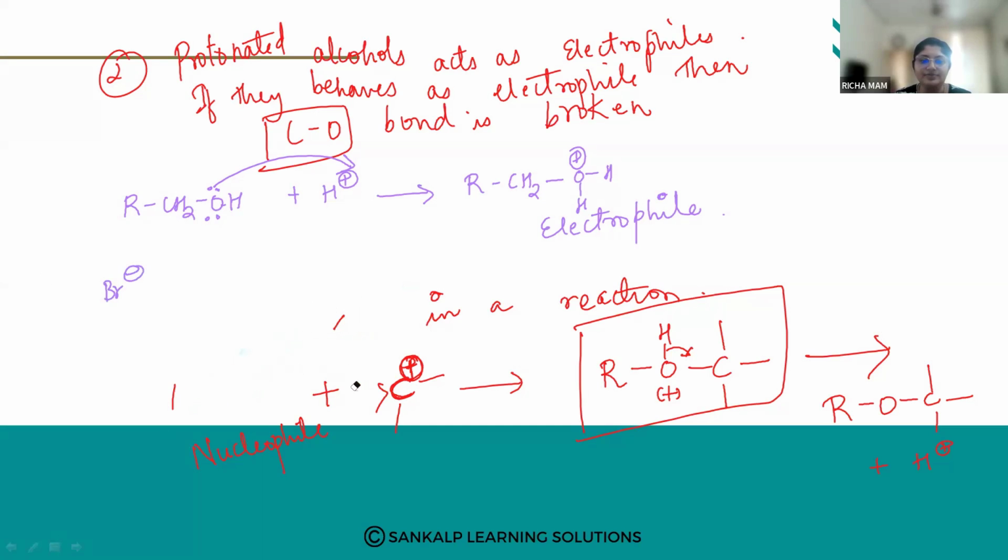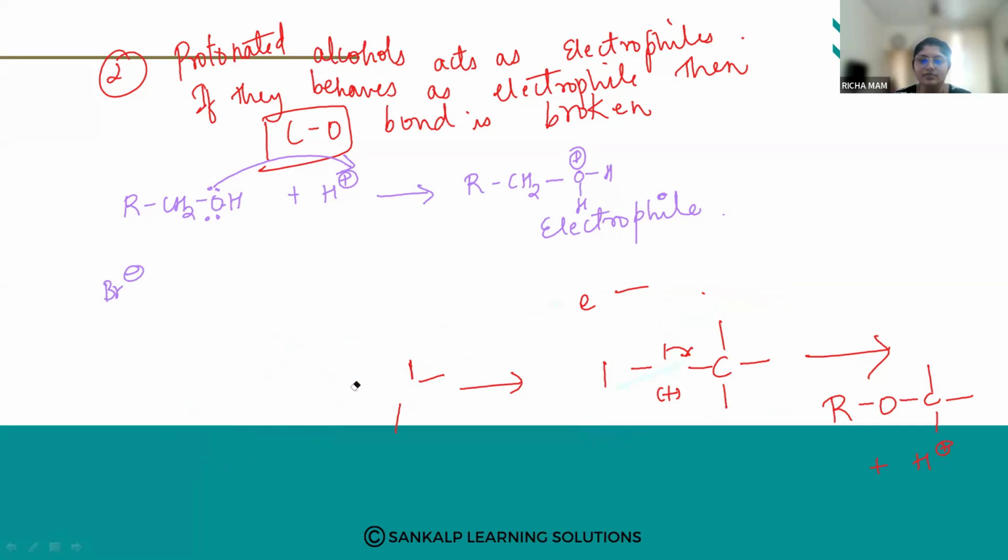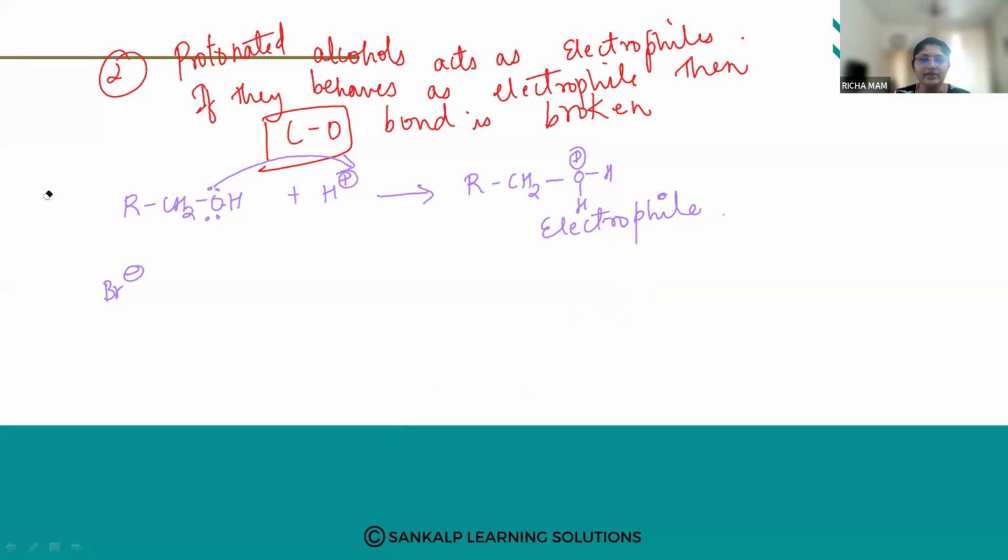Br minus plus R-CH2-OH2 plus. So what will happen?